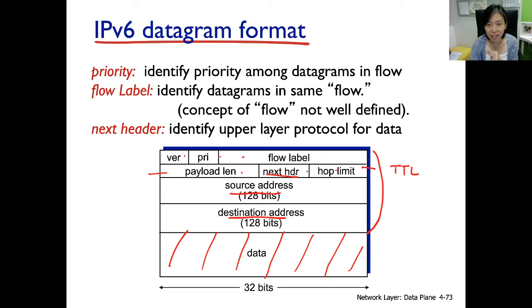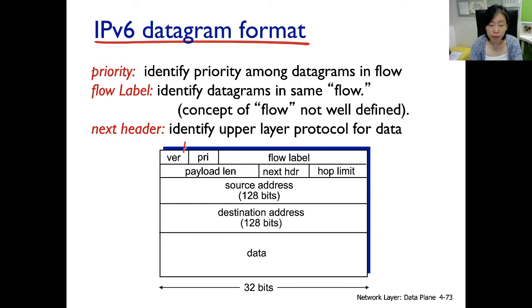Next header, it looks odd, we've never seen this before, but this is really the upper layer field in version 4. So what it does is, once we extract the payload, we forward the payload to what's indicated by this pointer here. And so further processing will be done using this handler on the payload.